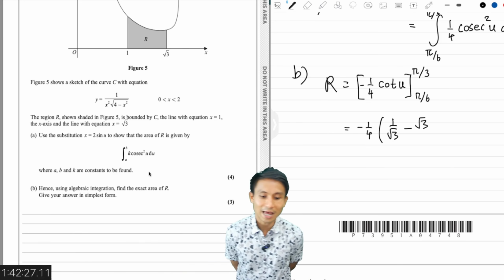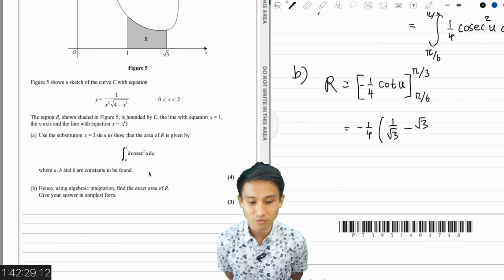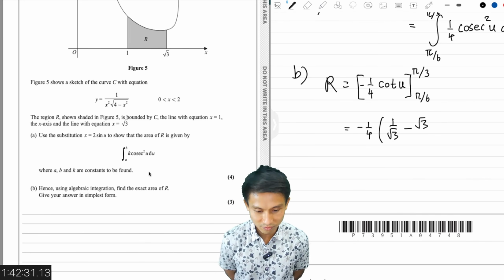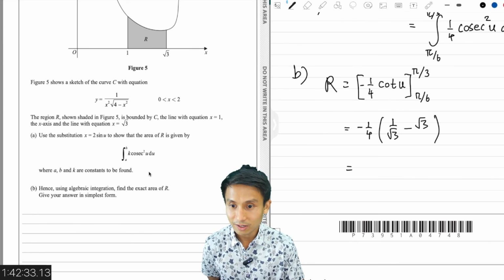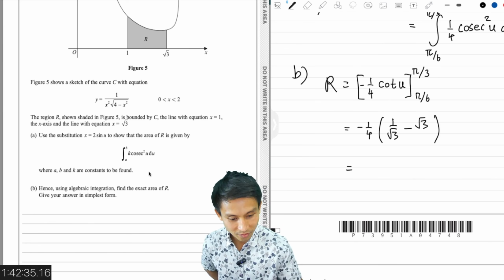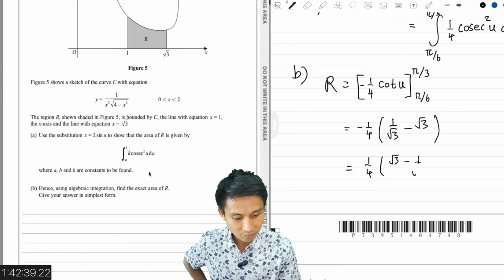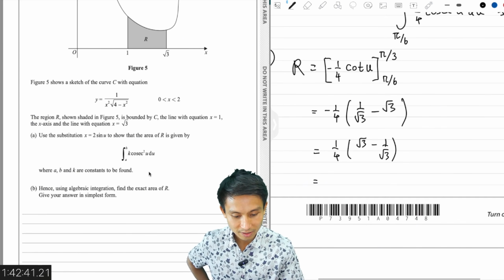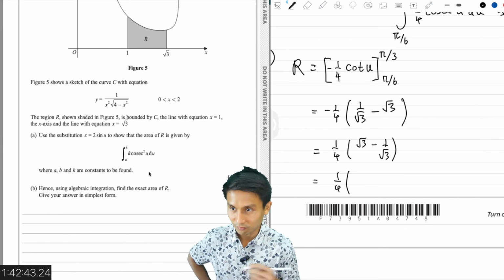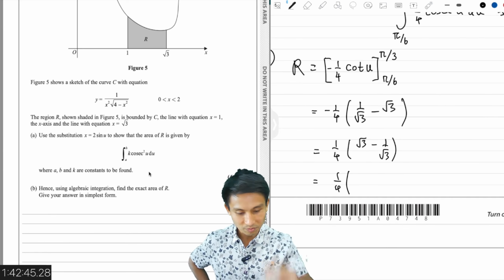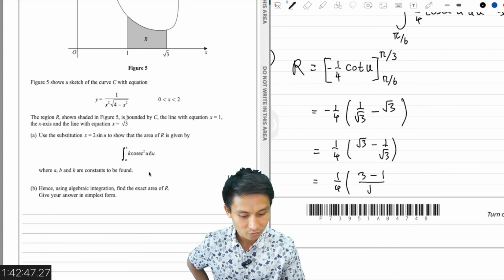Because tan 30 is 1 over root 3. If you flip it, you get root 3. All right, so that's it. We want the exact value. So that's going to be 1 over 4 times root 3 minus 1 over root 3. I just flipped the thing. Now, if you do the fraction there, cross multiply that, you get 3 minus 1 over root 3.